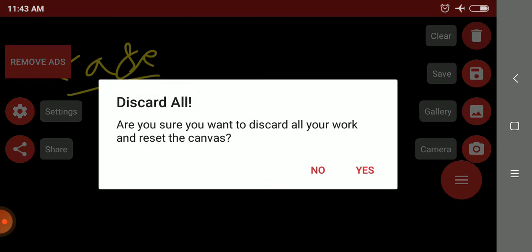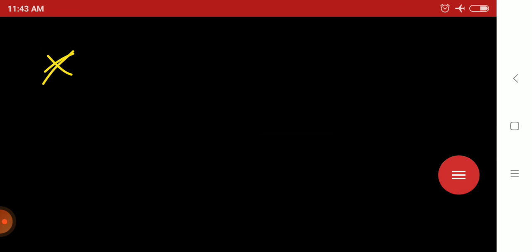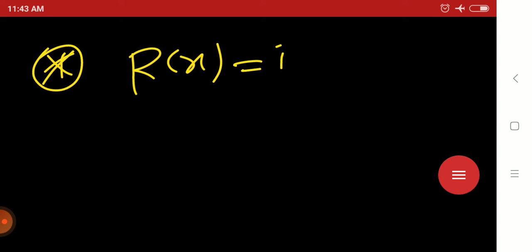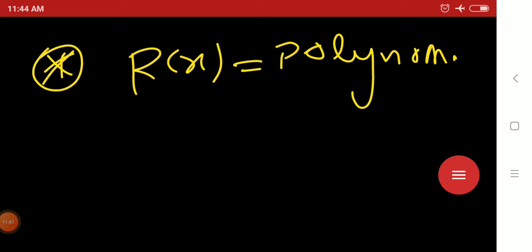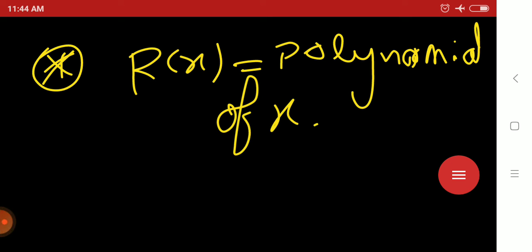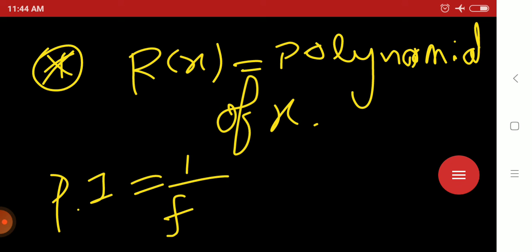So the next case is such that if R(x) is a polynomial of x, then the particular integral will be 1 by f of D, x to the power n.